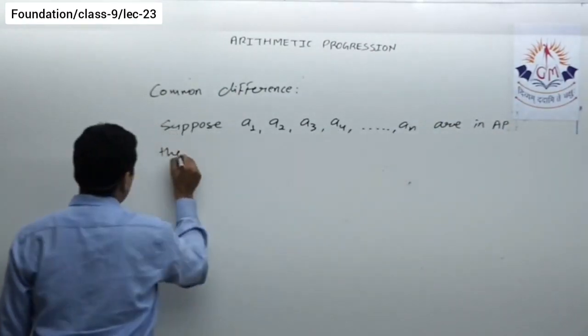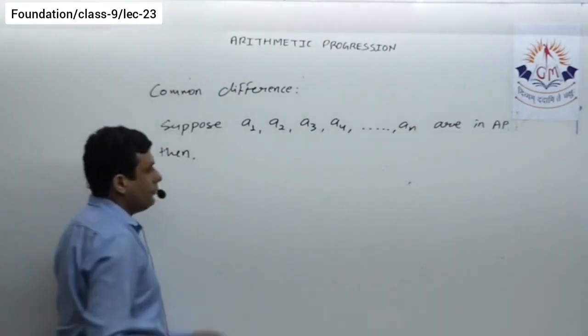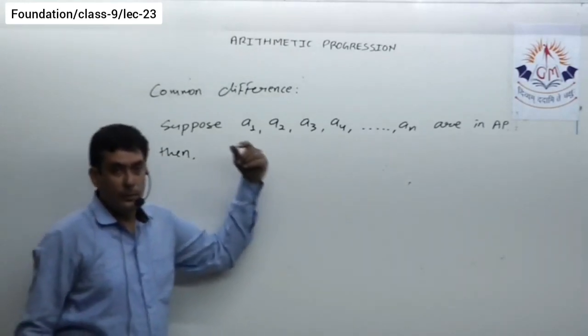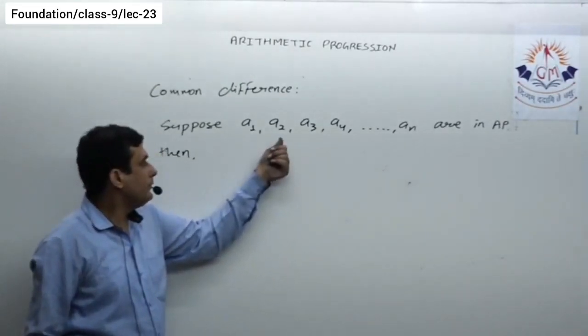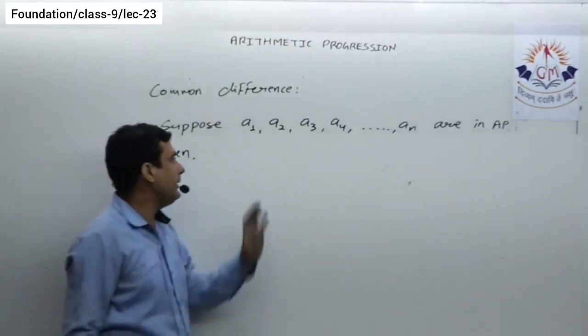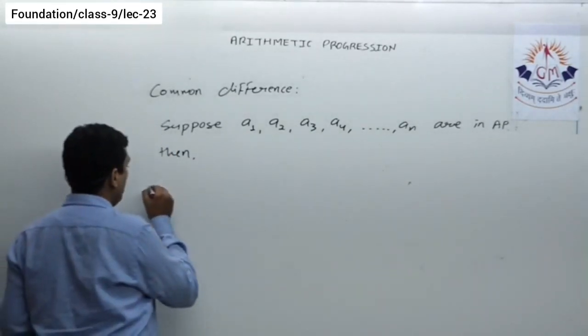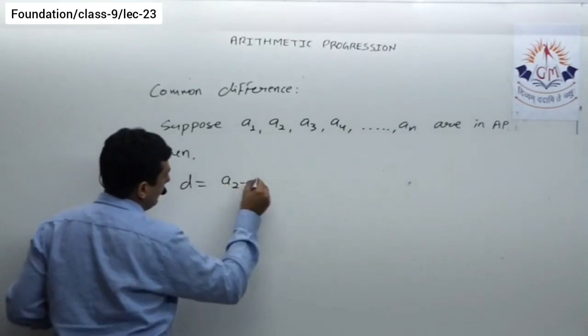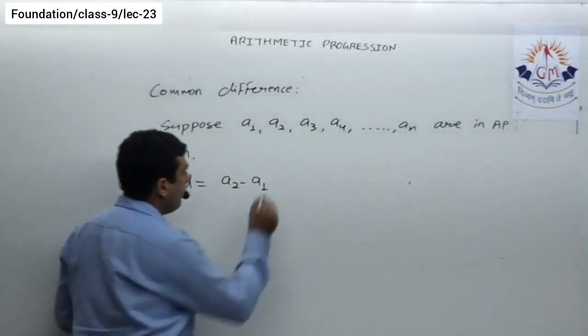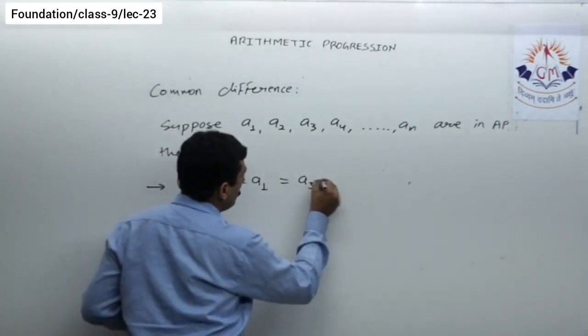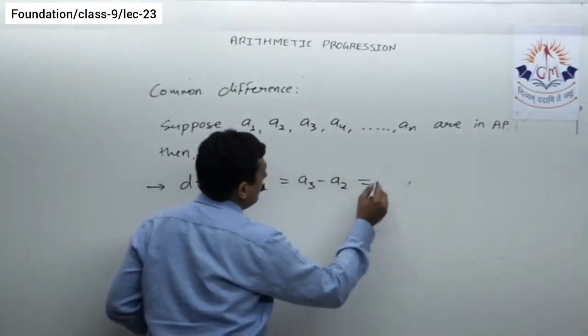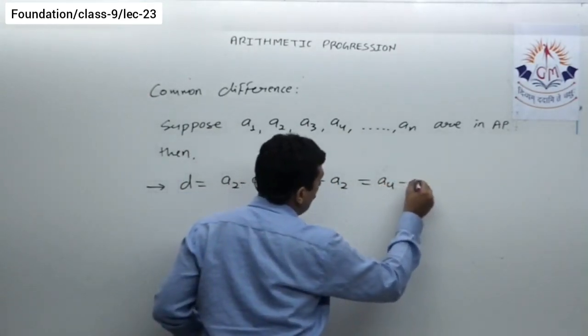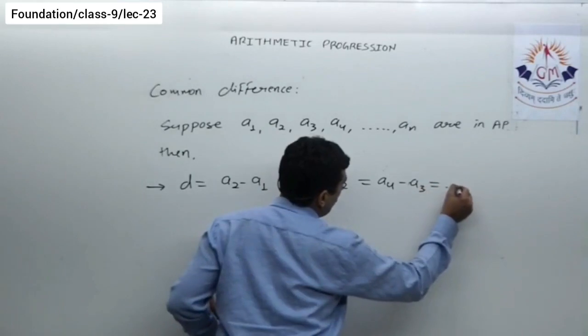Then according to the definition, what is the common difference? Any term minus the previous term other than the first term. So D is equal to A2 minus A1, or A3 minus A2, or A4 minus A3, or so on.